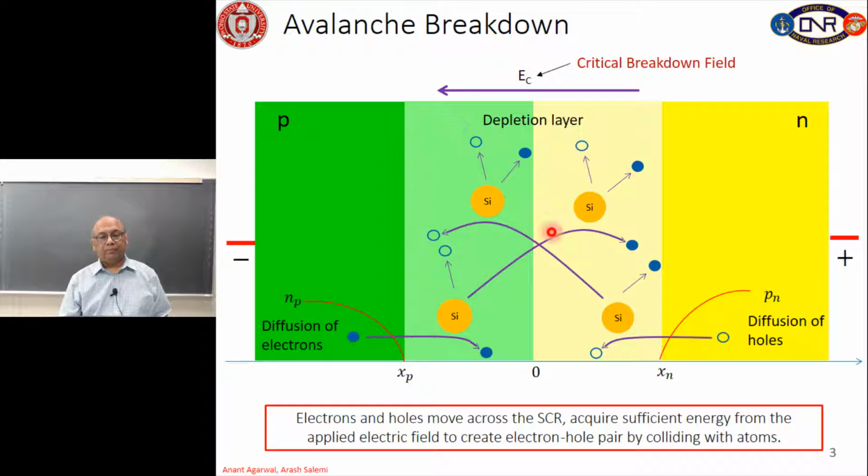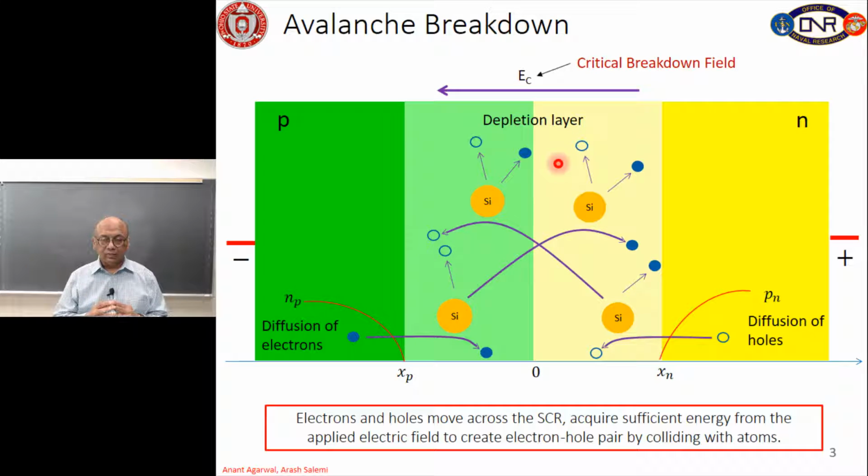A point comes where this electric field is so high at the center that the electrons that are moving from left to right against the electric field start gaining enough energy to knock off an electron from the host silicon lattice. That is, they gain enough energy to send an electron from valence band to the conduction band.